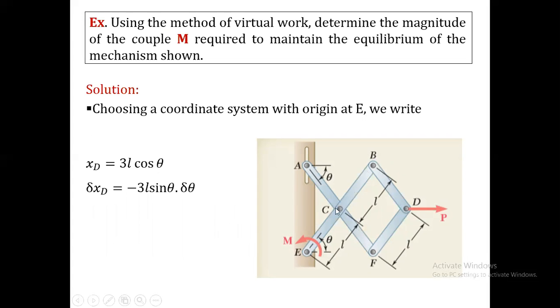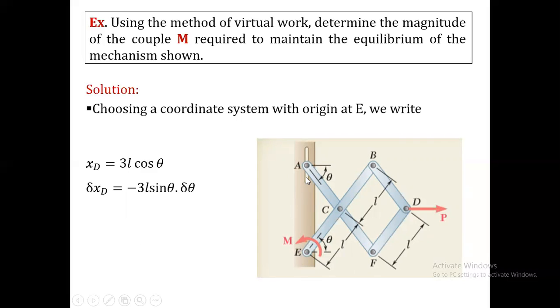These links are pin jointed at C, B, D, and F, and supported at points A and E. It is important to note that point A is a hinge joint, while the support at E is a roller joint because it can translate within the slot provided.